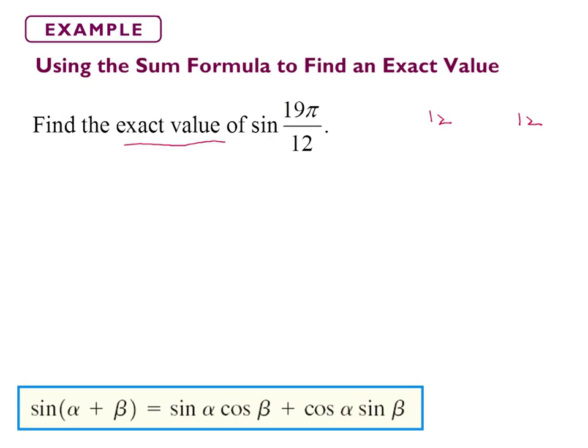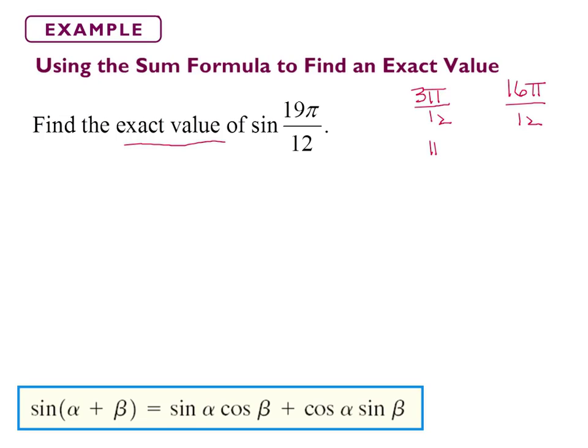So I can say 19 is 1 plus 18, but I don't know pi over 12, so that's not going to help me, right? Then I can say, well, 19 equals 2 plus 17, but the 17 part isn't going to help me. How about 3 plus 16? That one might help. That'll give me 3 pi over 12 and 16 pi over 12.